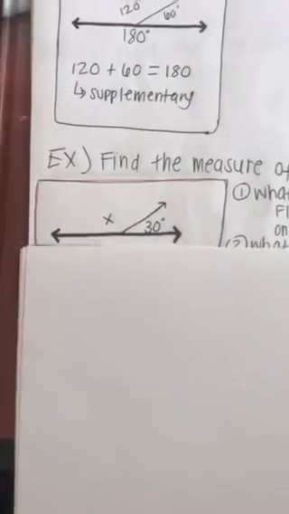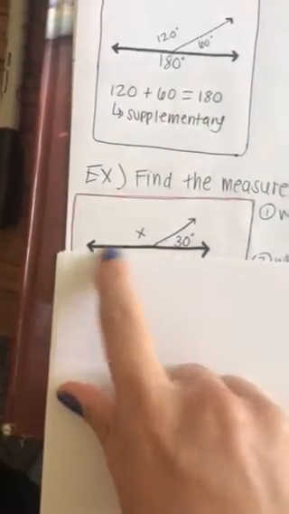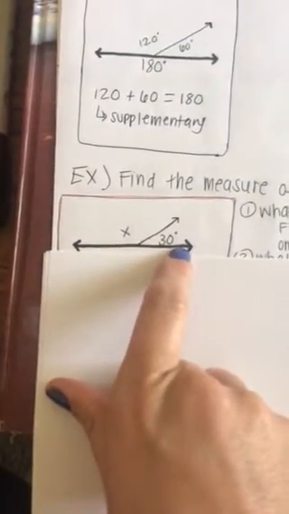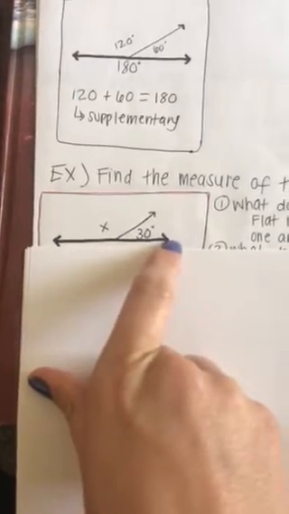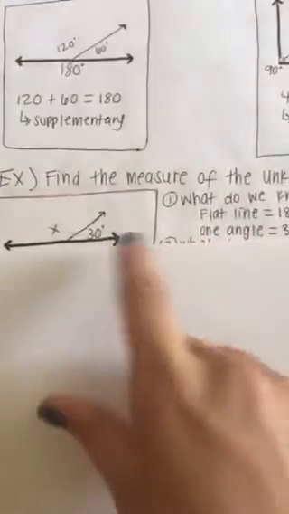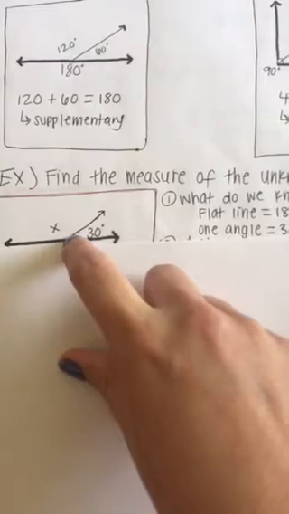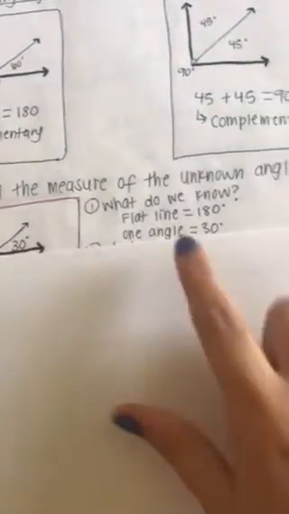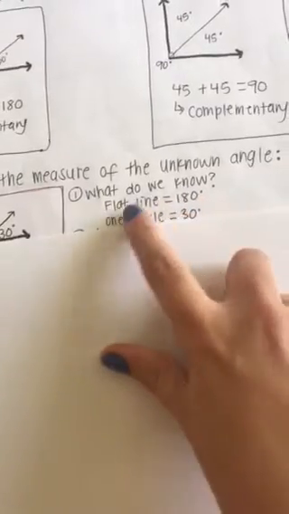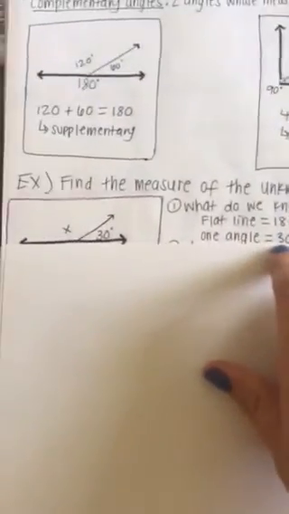Well, we know that since it's a straight line, its total is going to be 180. We also know that this angle is 30 degrees. So I'm going to put that under what we know. Flat line is 180 and one of the angles is 30.